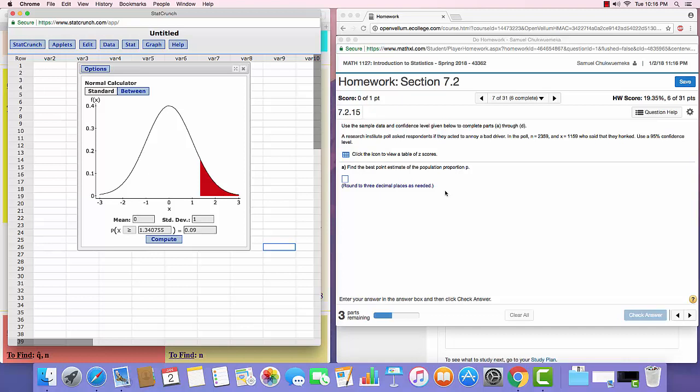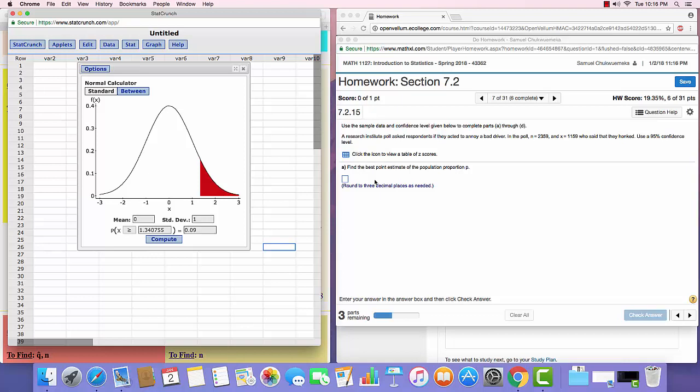In the poll, the sample size is 2,359, and the number of individuals who said that they honked was 1,159 people. Use a 95% confidence level. Find the best point estimate of the population proportion.